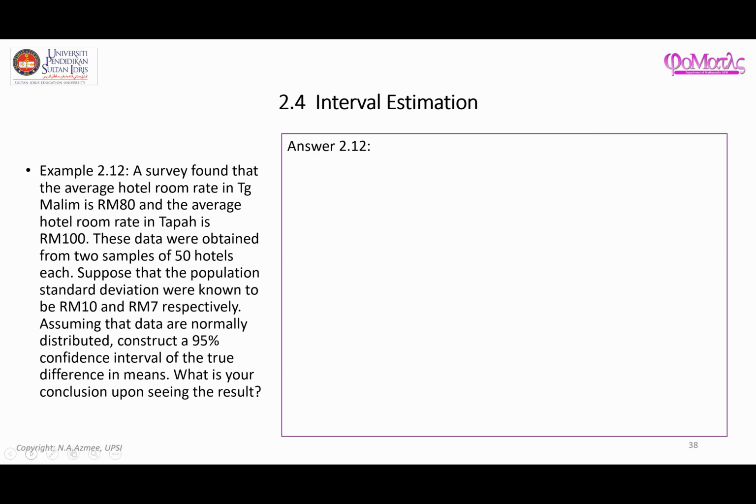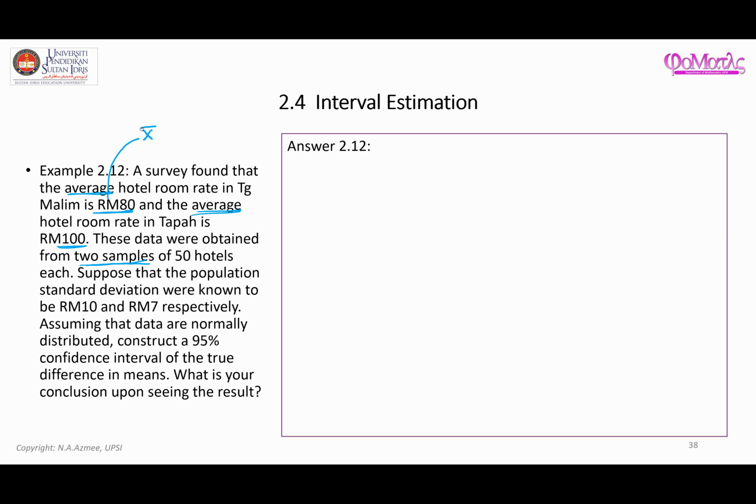So a survey found that the average hotel room rate in Tanjung Malim is 80 ringgit. So we talk about average, which is mean, and the average hotel room rate in Tapa is 100 ringgit. And the next sentence says that the above data were obtained from two samples. Which means that this one refers to the sample mean, because this result is calculated from the sample.